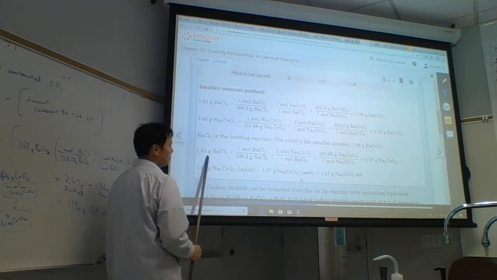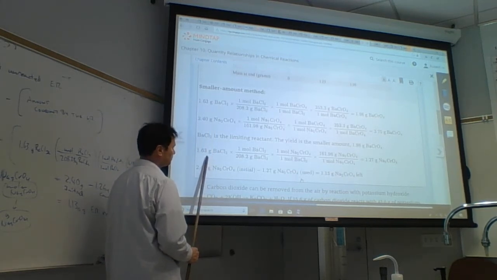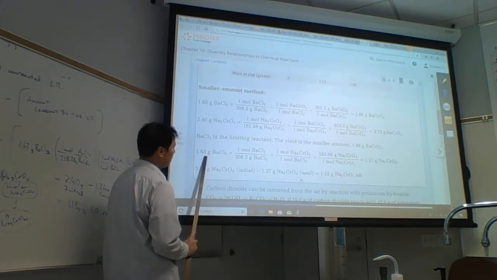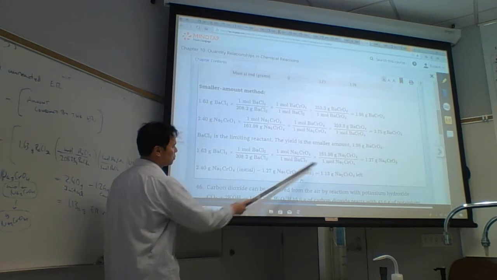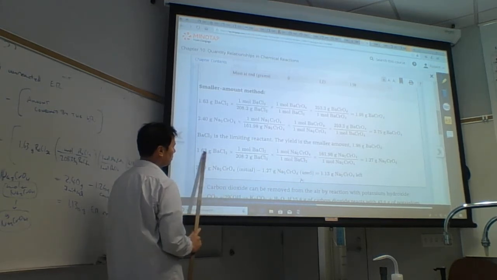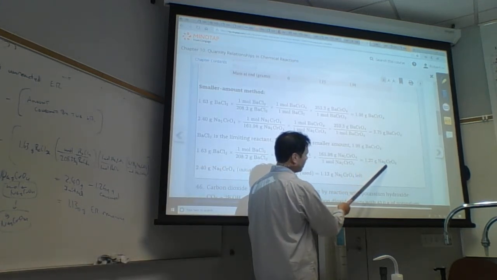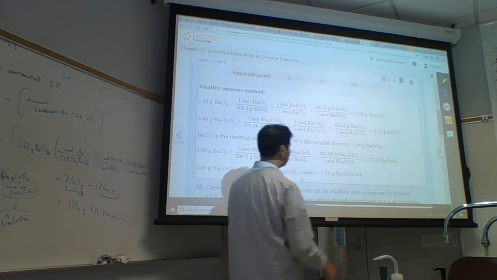And then step 4, we calculate this. What are they doing here? They're figuring out how many grams of sodium chromate are required to react with 1.63 grams of barium chloride. And so this is the amount that's going to be consumed. 1.27 grams of sodium chromate will be consumed.